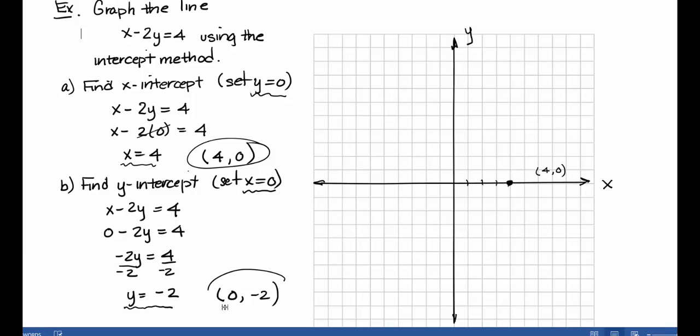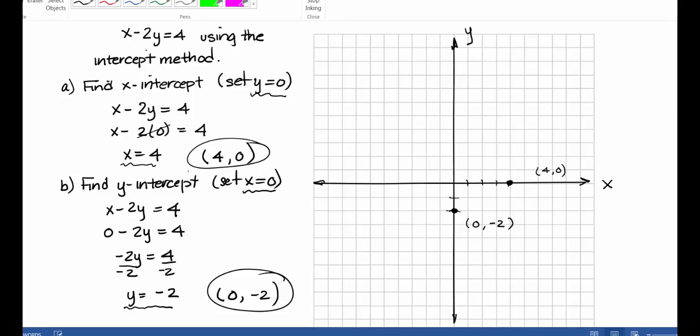And then I'm going to plot this point, (0, negative 2). Since it's a y-intercept, I know it's on my y-axis. So I just go down 2. So that's (0, negative 2). And so there I have 2 points. And connect the dots. And I've just graphed my line. And I put arrows on the ends of the line just to make sure we know that it goes on forever.